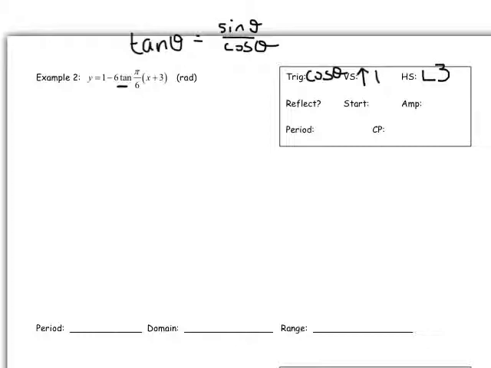We will reflect in this because of this negative sign. So that's going to make us start at the bottom. We're going to have a bottom U. And our amplitude is 6. And our period in radians is 2 pi, and we'll divide by that b value, which we see is pi over 6, which creates a period. Flip it, you get 12. And then divide 12 by 4, and we get 3.